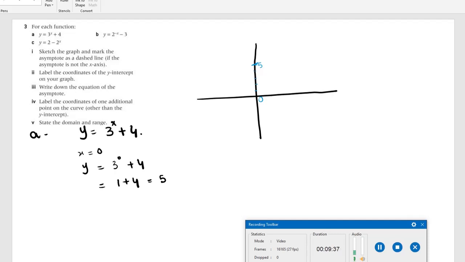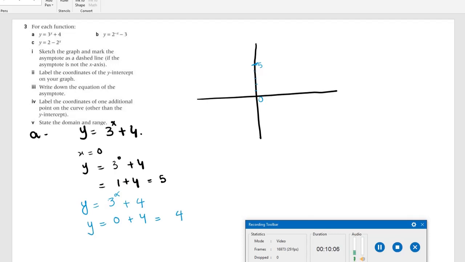And what is the equation of the asymptote? The equation of the asymptote can be found by putting x equals infinity or minus infinity. Okay? If we put x equals infinity, this term would get to be 0. 0 plus 4. Anything with the power infinity would be 0, remember. So y equals 4.